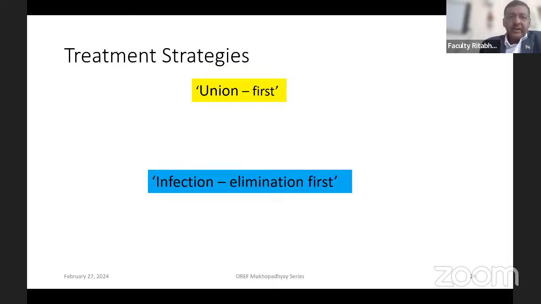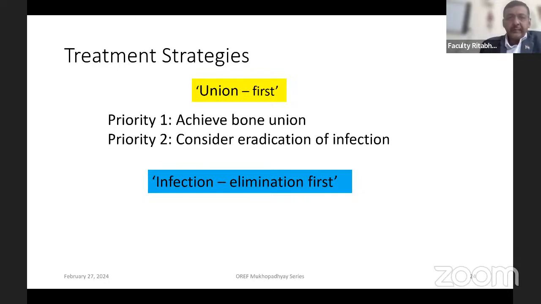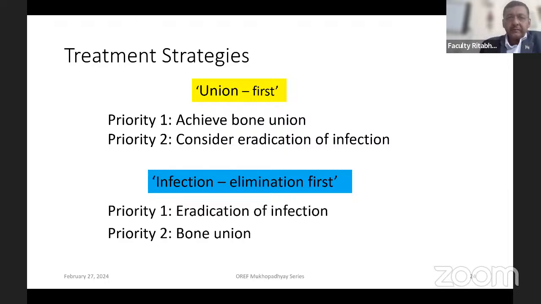The other strategy is that if the infection is overwhelming, eliminate it first and then think of bony union. Both options are equally effective. It depends from patient to patient and your experience and your judgment call. No one track is uniformly predictable in its treatment.